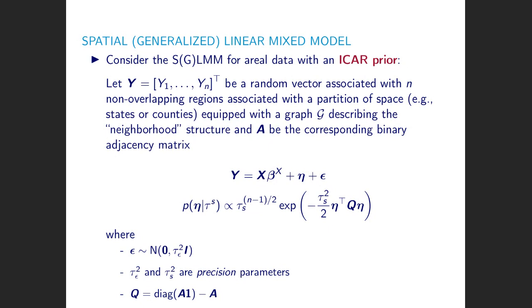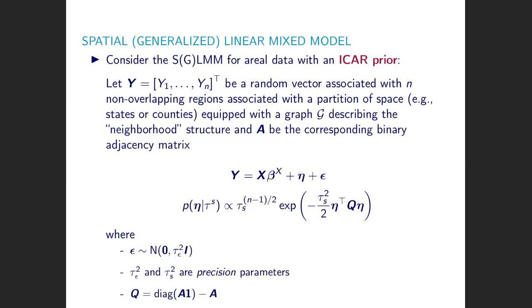If they don't, they are not neighbors. And then we encode this neighborhood structure in a binary matrix A. So it has ones and zeros, where the ijth element of A is a 1 if region i is connected to region j or is a neighbor of region j, and 0 otherwise.